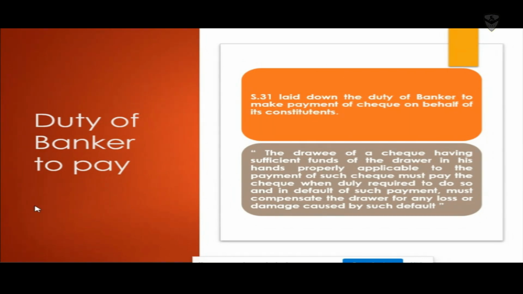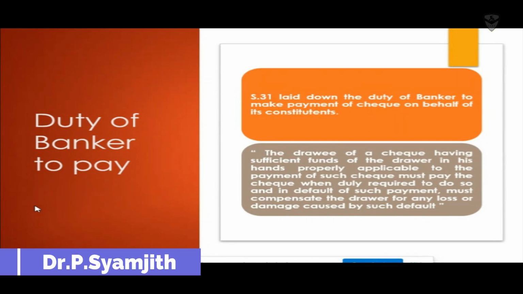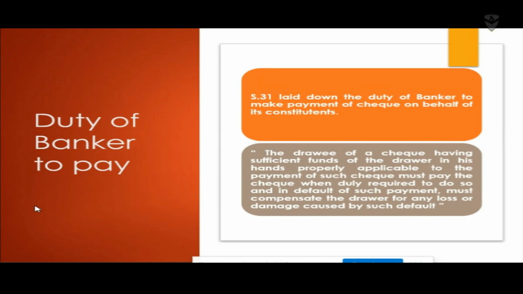So the drawee of a check, that means the bank, having sufficient funds of the drawer in his hands. That means the bank is maintaining the account. Bank is having sufficient balance in the account of a particular person. Then the bank is under obligation to honor the check.